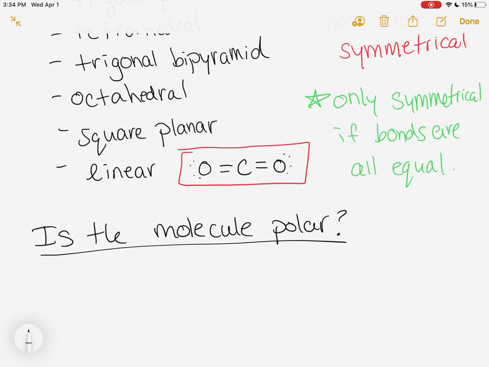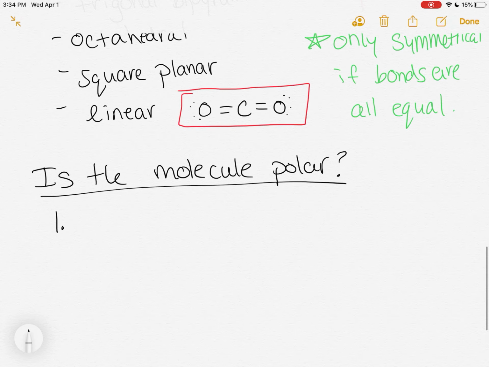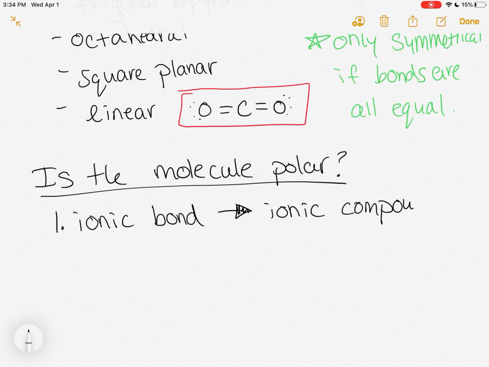Okay. So in the first instance, if you have an ionic bond, then the molecule is automatically an ionic compound. But I want to remind you, an ionic bond needs 2 things to occur.